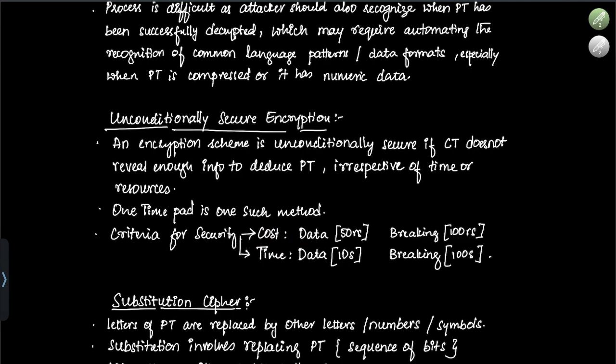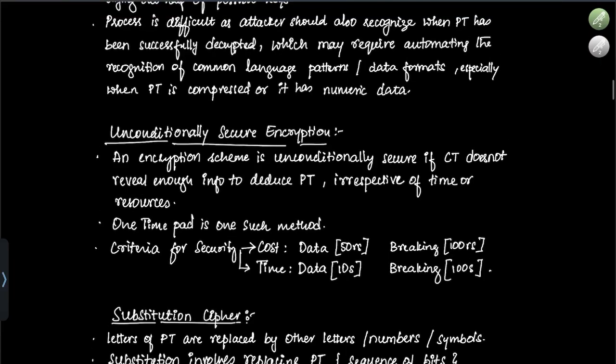Symmetric encryption attacks can exploit patterns in ciphertext, whereas cryptanalysis of public key encryption depends on the mathematical relation between the private key and public key pair. We'll understand this in the upcoming video. So this was all about unconditionally secure encryption. One such method is the one-time pad, which we'll discuss in upcoming videos.